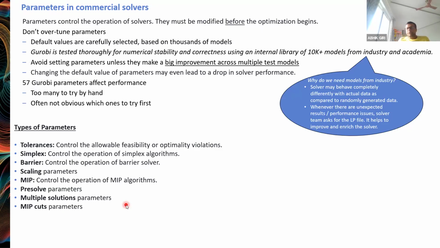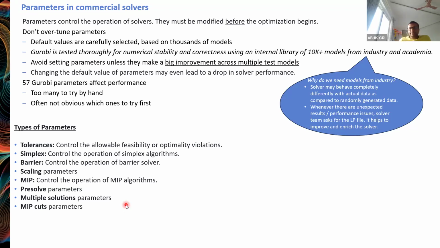Let's say without making your parameter change, the solver takes 2 minutes, and after changing it takes 2 minutes and 5 seconds, then it's probably advisable not to change the solver parameter just for saving those 5 seconds, because that might create a bigger issue in some other data set. It might actually lead to a longer runtime in some other instance of the problem.